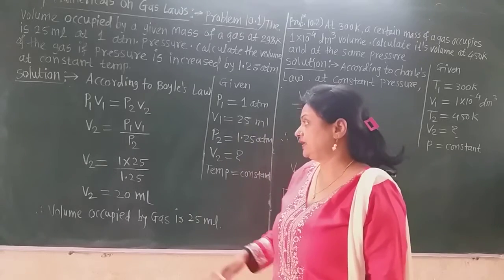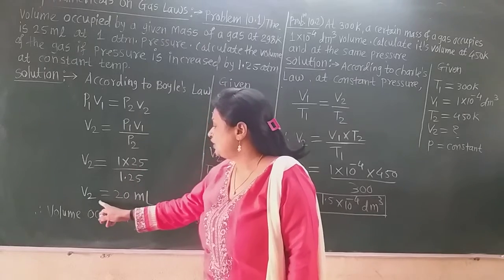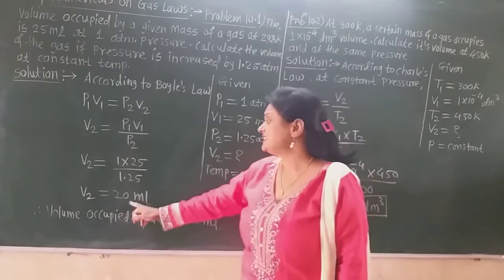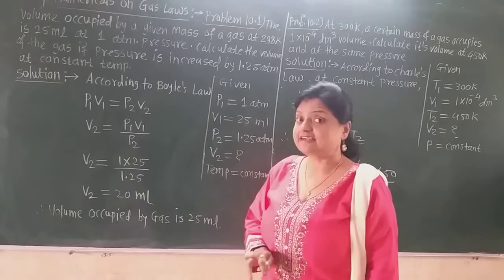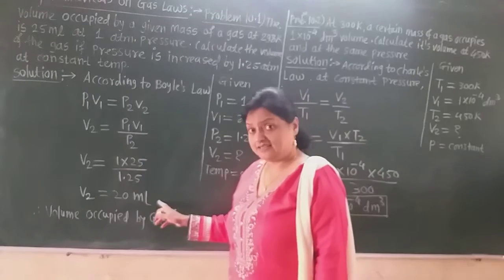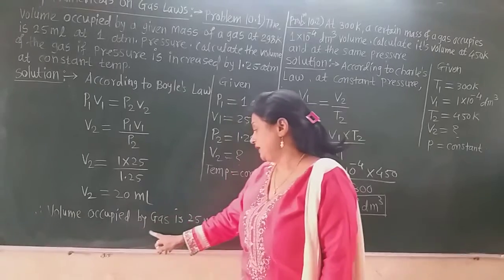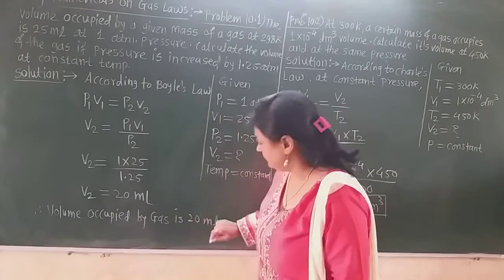Now let us calculate. After solving this, we obtain V2 equal to 20 ml. This is less than V1, so our answer is correct, and that is the proof of Boyle's law. The volume occupied by the gas is only 20 ml.